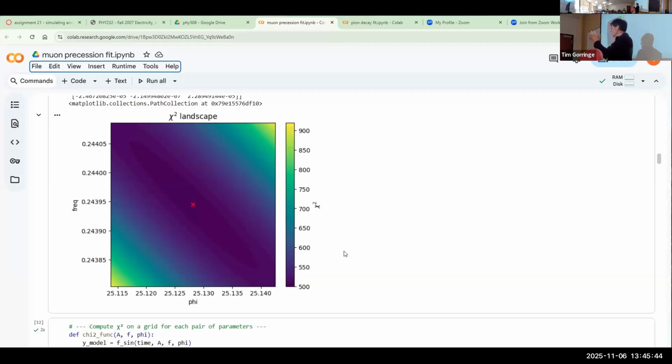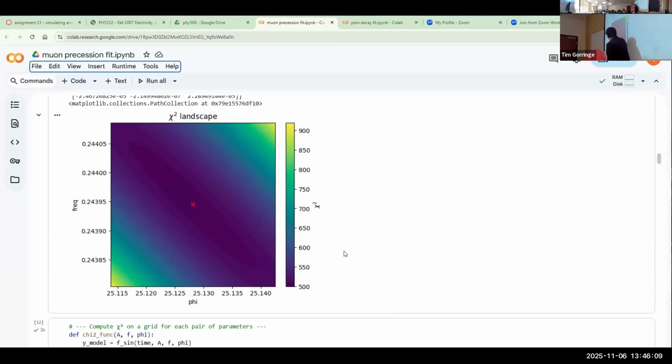A change in the frequency stretches out or compresses the sine wave. A change in the phase shifts the sine wave. And those two things correlate with one another, just like the lifetime of the exponential correlates with the normalization of the exponential.